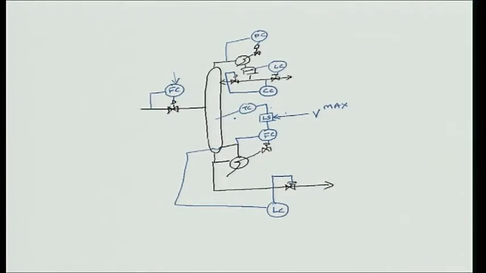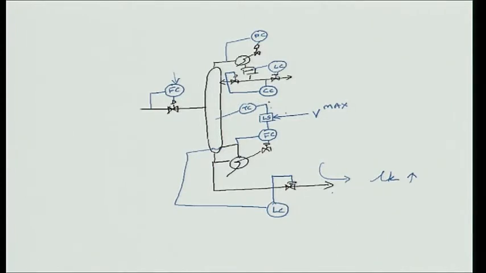Well, if temperature control is lost, then what will happen to the bottoms? Too much of the light key will start to leak down the bottoms, the light key will increase. So, you will lose the control of light key dropping down the bottoms, because temperature is uncontrolled.